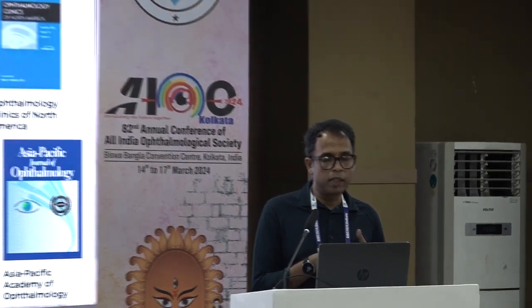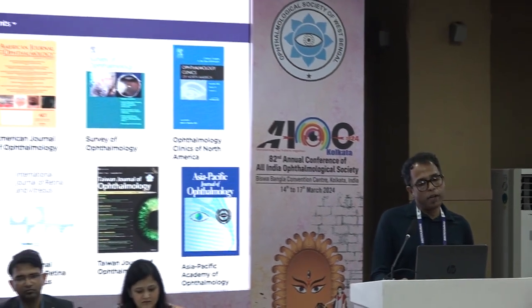The second thing is that AIOS has a system of registering into the One Network. I think for the last 3 or 4 months it's not working properly. This One Network is a very useful tool where you can access a lot of online journals and download all the articles, and you can see there is an entire series of renowned journals available under this network.